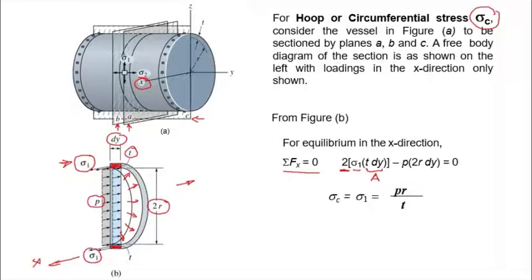There we will have the pressure effect. Now the pressure is acting normal to the surface, the internal surface, or perpendicular to the surface. Therefore, the resultant of the force due to pressure, F pressure, is equal to the pressure times the projected area that it is acting on. The projected area in the x direction is equal to dy times the diameter, or 2r.